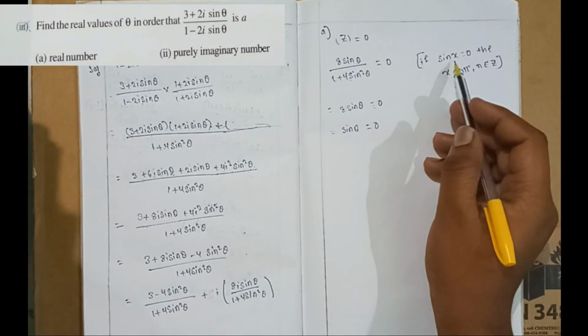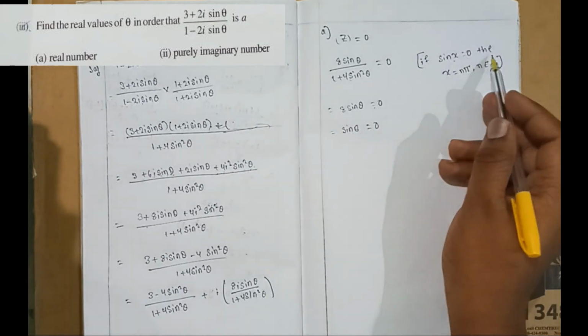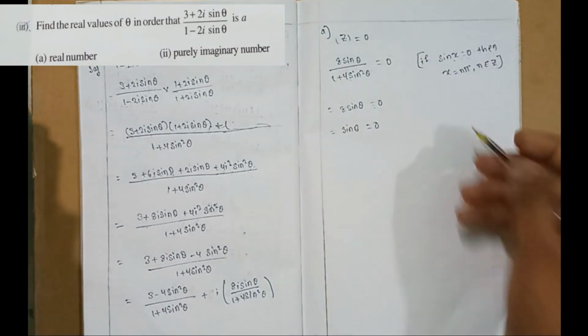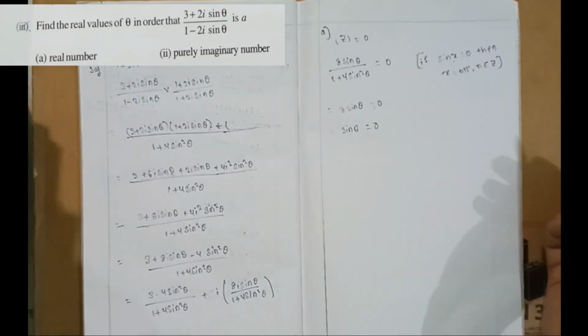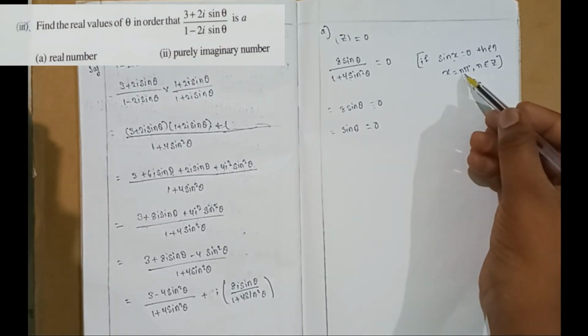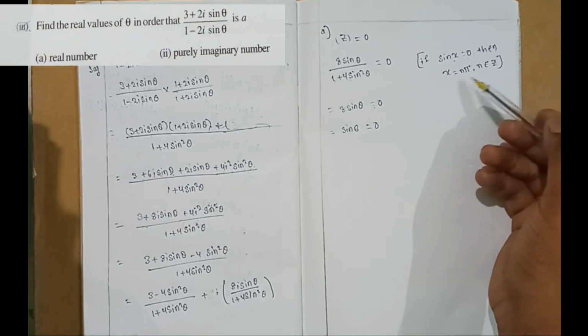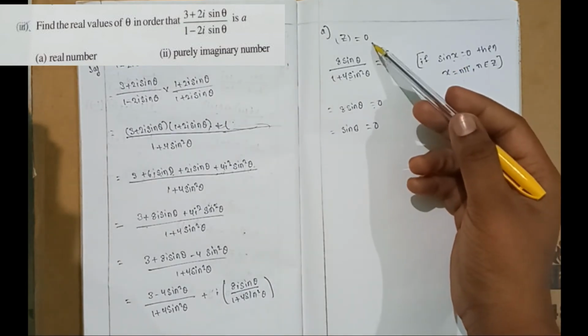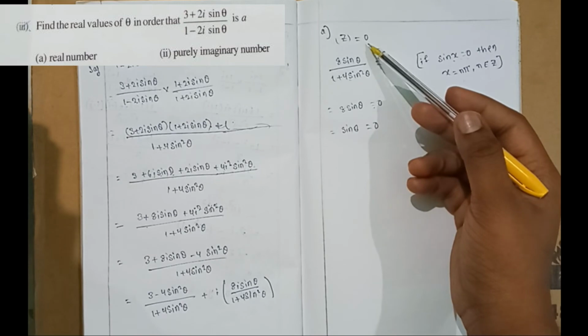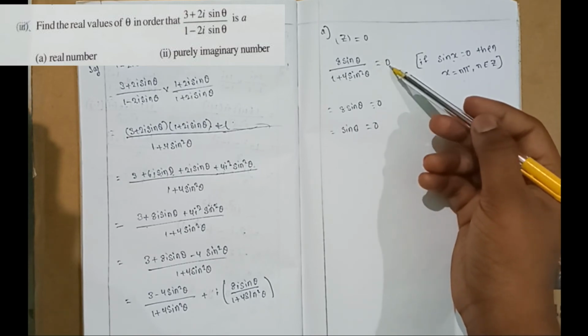If sin theta equal to 0, then theta equal to n pi. Pi means 180 degrees, so n can be anything. We don't have a specific value, so we will assume 0.